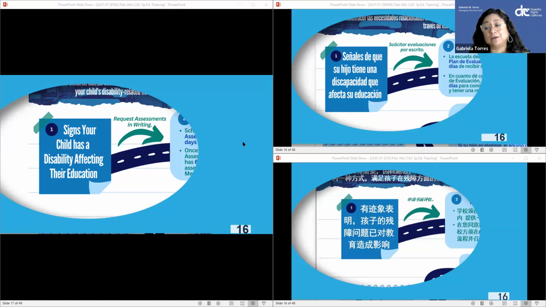Those could include behavior, and it's different types of behavior. It could be anything from inattention to actual things like physical aggression or unwillingness to do work. It could be anxiety or social stress. It could even be something like difficulty with peer relationships.